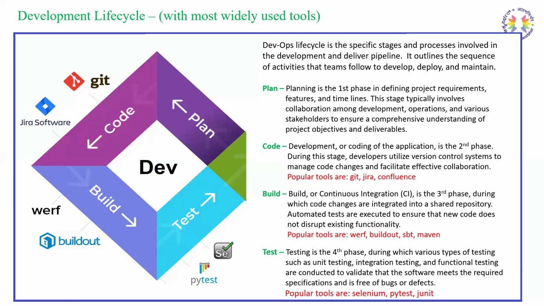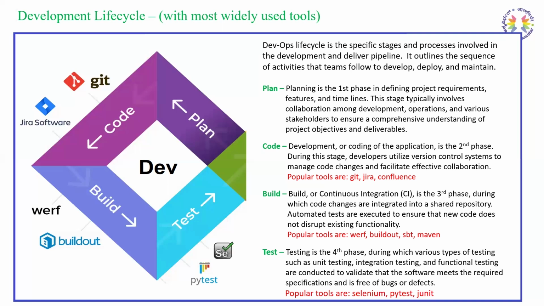This involves conducting various tests, including unit test, integration test, and functional test to verify that the software adheres to specified standards and is free from bugs or errors. Some of the popular testing tools used in this phase include Selenium, PyTest, JUnit, and many more. So these are the four stages or phases focusing on the development side.